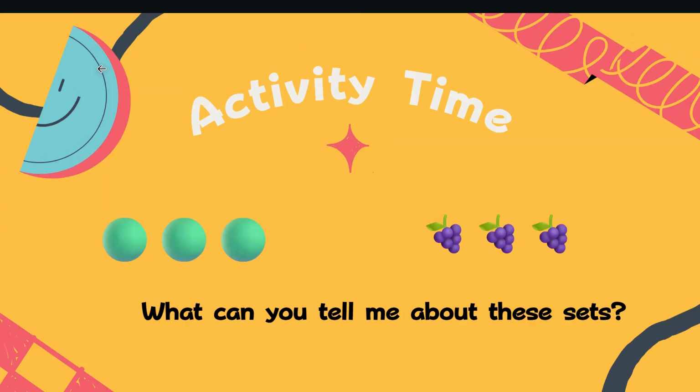All right, for these sets, you can see the first one, how much are you seeing? Anybody? 3, that's correct. And for the second one? 3 also. And that means they are, if both of them have 3? Equal. Correct.